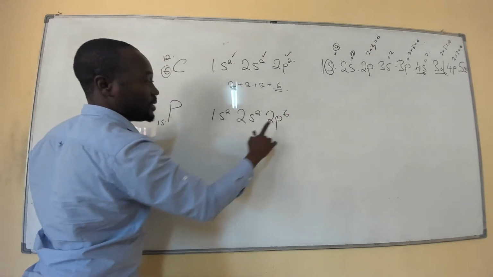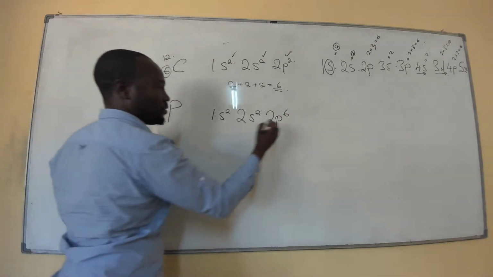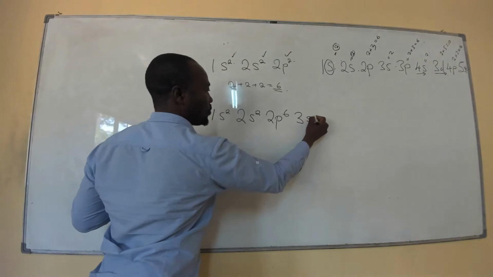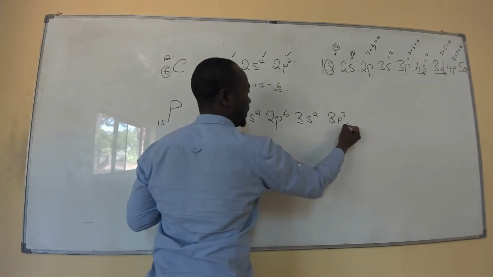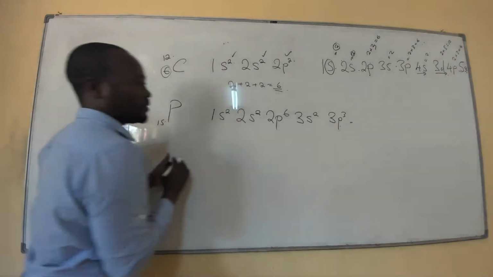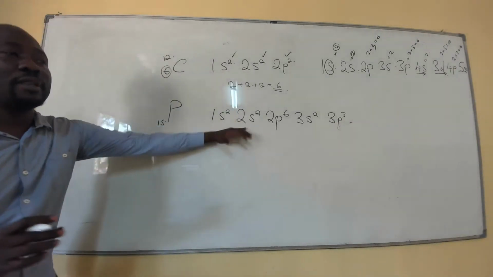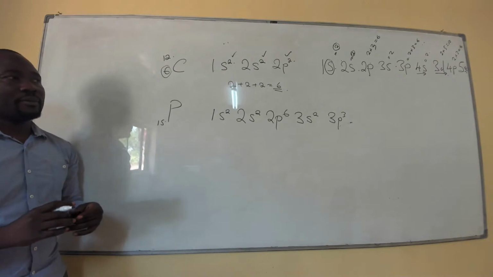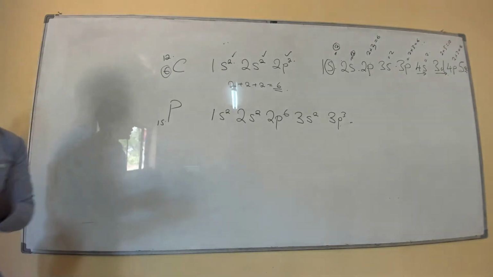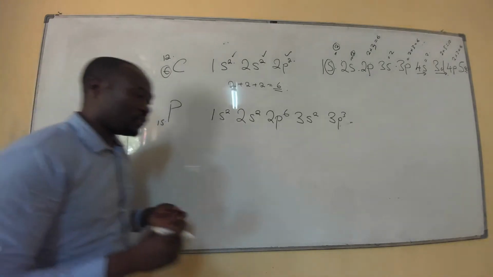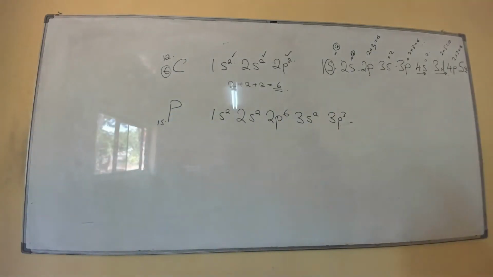Then 6 go into the 2p, so this is 10, meaning there are 5 remaining. Of the 5, 2 will go into the 3s2, and 3 will go into the 3p. So when you write the electronic configuration for phosphorus, it will look like this. Very easy, right? So you can write electronic configurations of different atoms that you like.